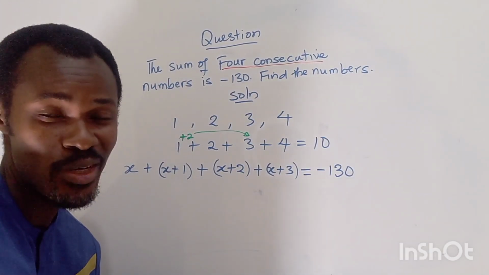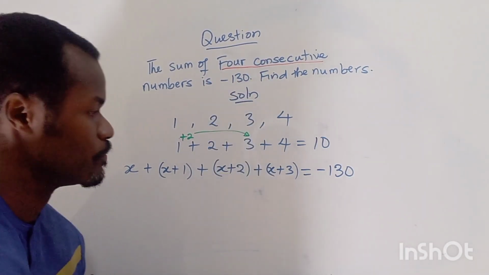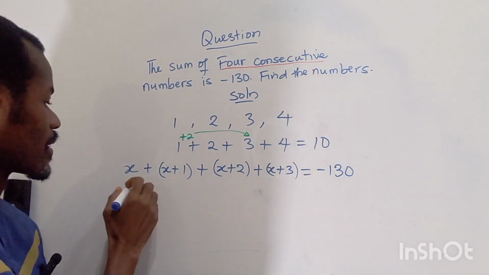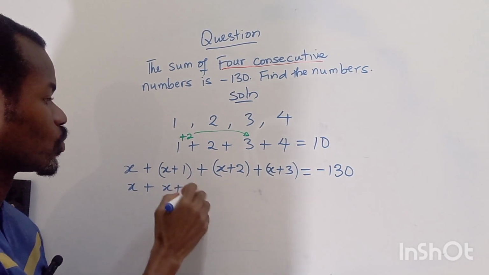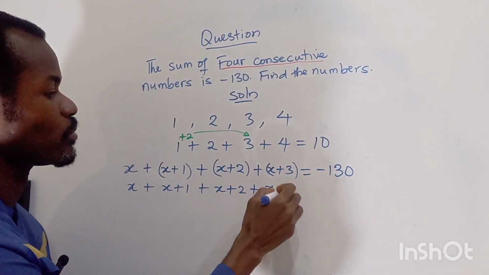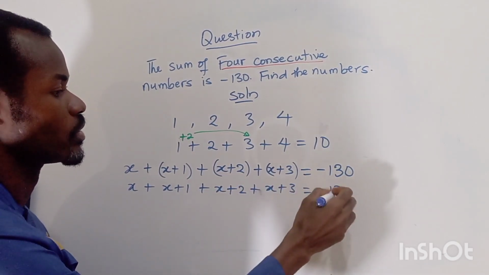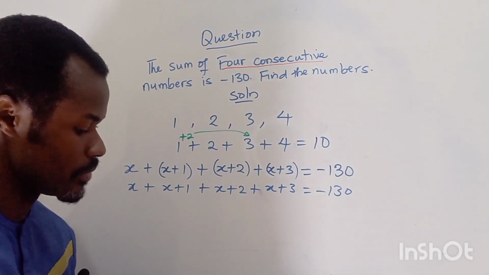This gives us the equation with which we can now solve for the four consecutive numbers. Now we can remove the brackets quickly. So x plus x plus 1, plus x plus 2, plus x plus 3, which is minus 130. Now we can collect like terms.